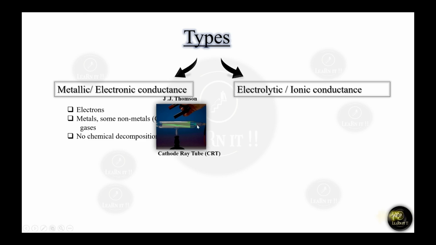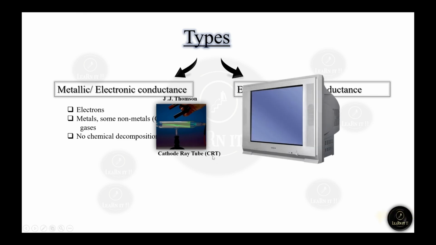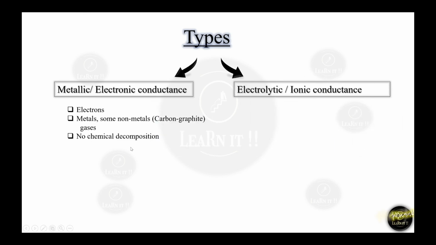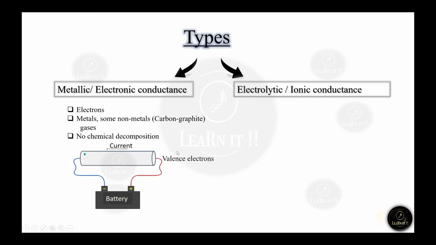Cathode is positively charged and electrons are negatively charged, so they get attracted towards it. This cathode ray tube is used in old televisions. Here no chemical decomposition takes place with respect to the material.